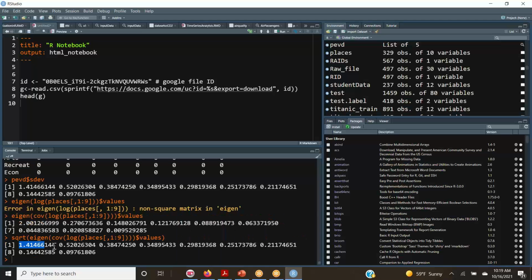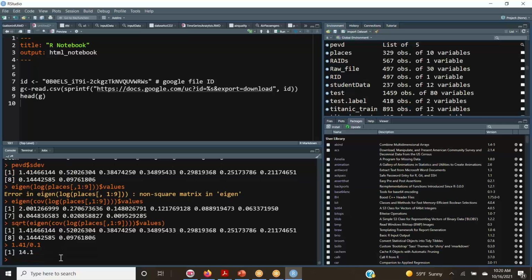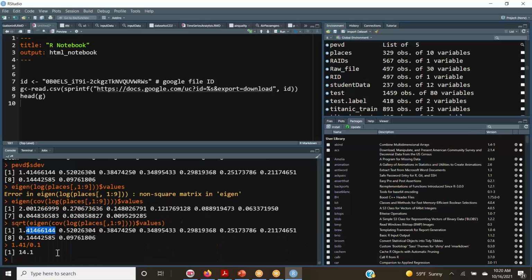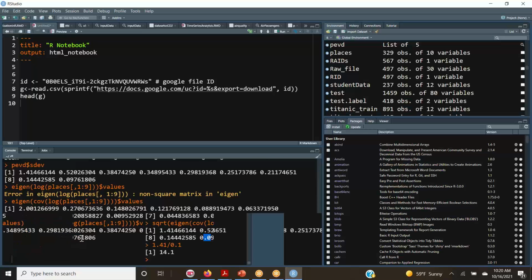This is almost 10 times, I would say 20 times, very close to 20. The first value is so powerful, so important, and that's where I'm going. If you divide 0.09, you'll know. 14 times more variance is explained by the first dimension compared to the last dimension.